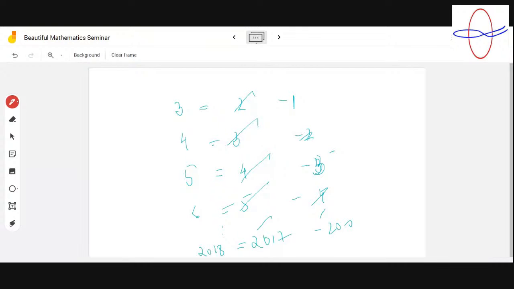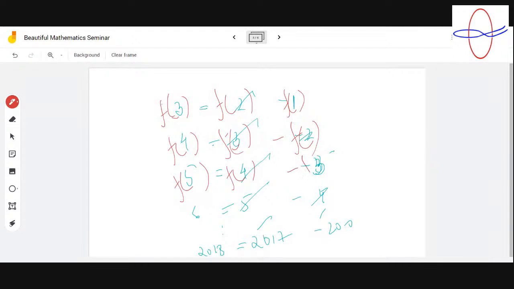So what do we get over here? Observe it very carefully. So replace this by f of this, f of 5, f of this. So correspondingly you get the following things.